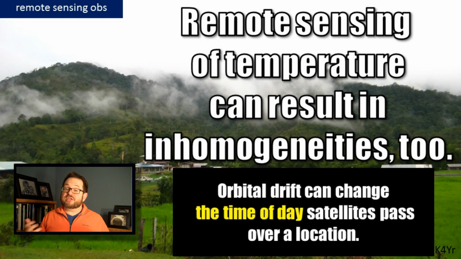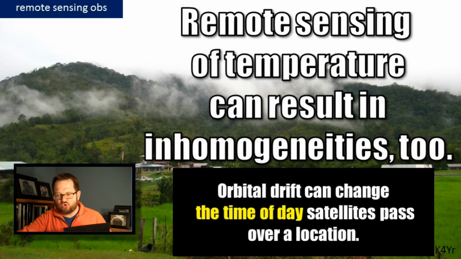But you have to be prepared for the kinds of errors that can happen with remote sensing too. I mean, remote sensing of temperature can result in data inhomogeneities too. For example, satellites drift in their orbit. By and large, once they're up there in their orbit, they have little to no control of their position. Well, if the satellite is drifting in its orbit, it may be over a given location at a different time of day than it used to be.